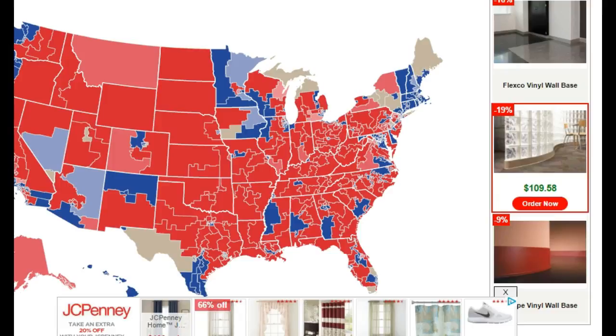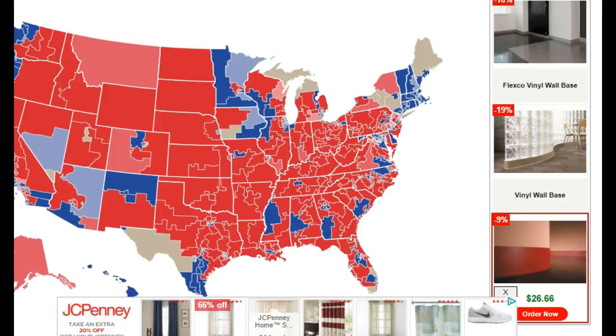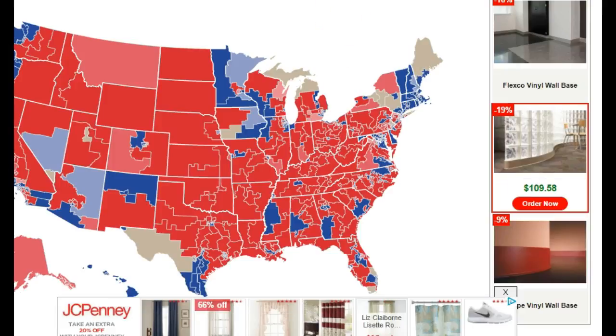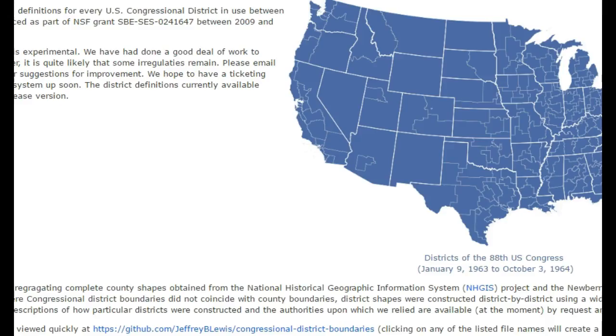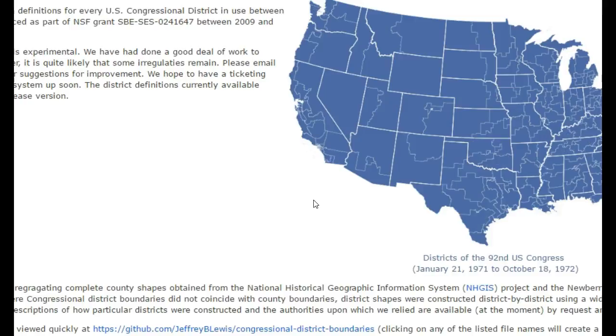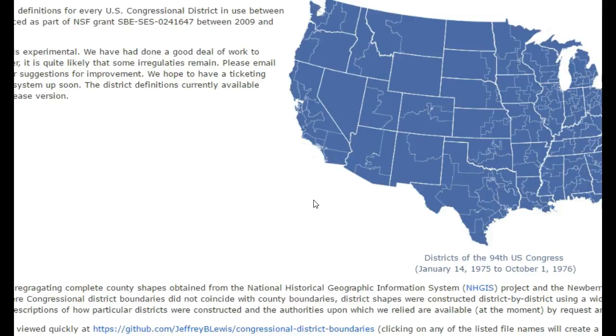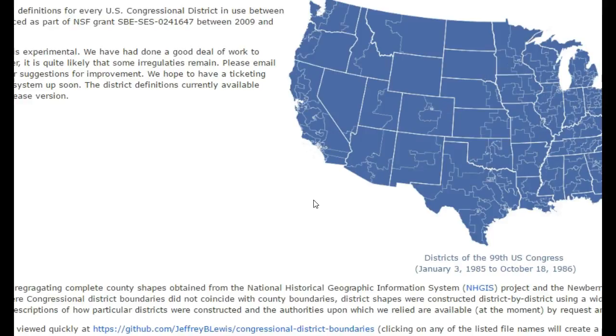Now, coming into the beginning of the 20th century, as the country was industrializing, as people were moving into the big cities, what was happening is that the maps that had been drawn in the past were reflective of a very rural society.